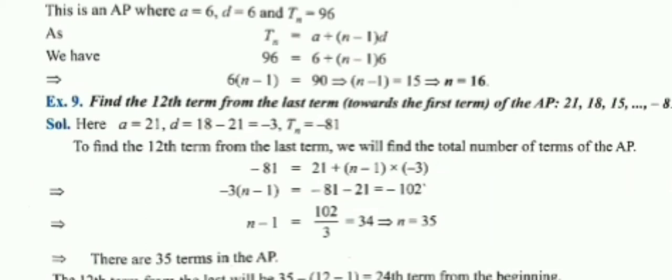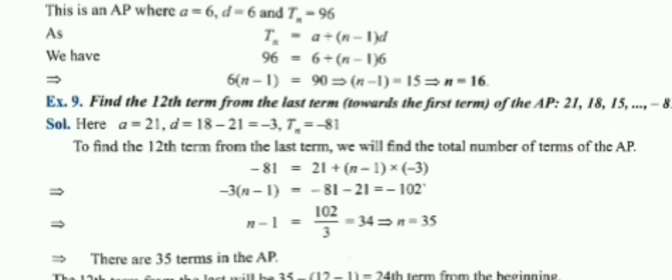Just see, the 2-digit numbers divisible by 6 are all the multiples of 6 you have to write. 6, then after 6, 6 twos are 12, 6 threes are 18, like this up to 96, because up to 96 it is a 2-digit number which is divisible by 6, 6 to 96.